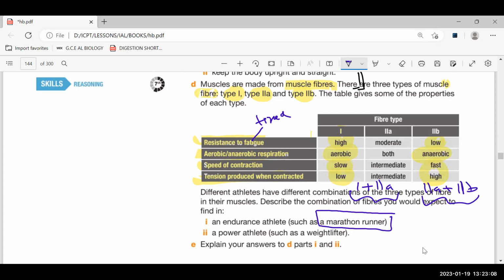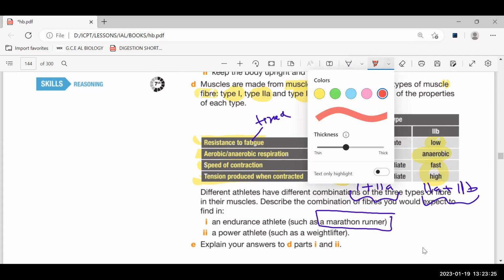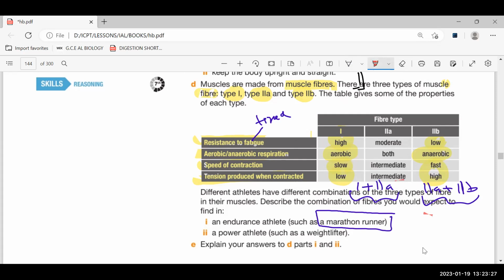First one. Which one did you say? First one? Yes, marathon runners run long distances and they need good muscles which do not get easily tired.